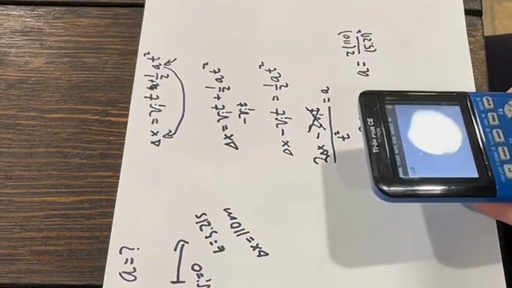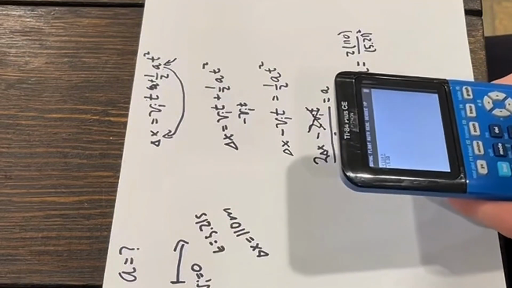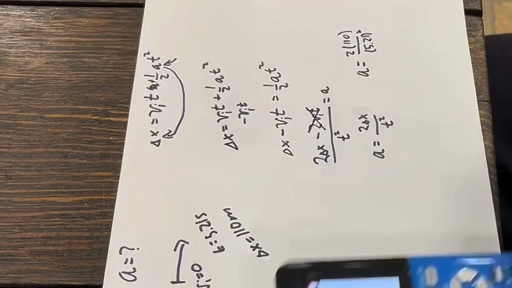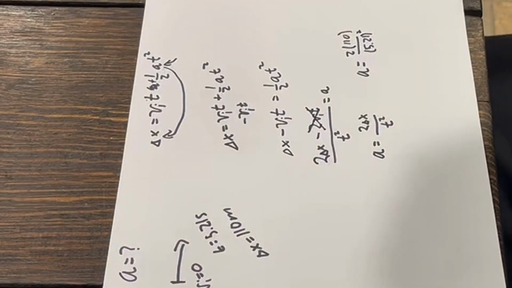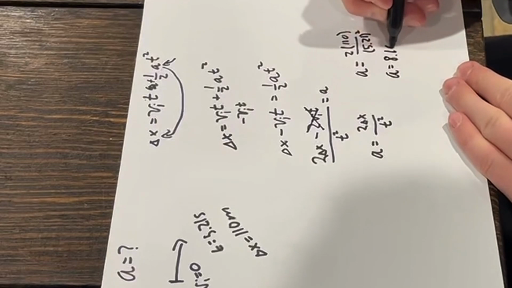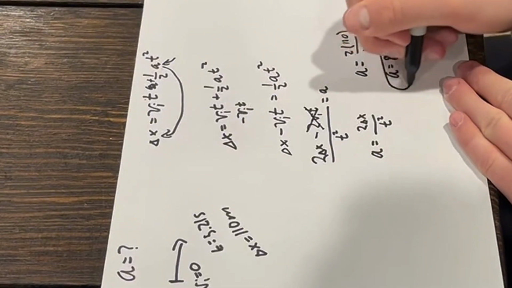We go 110 over 5.21 squared, and that will give us 8.104. So our acceleration is equal to 8.104 meters per second squared.